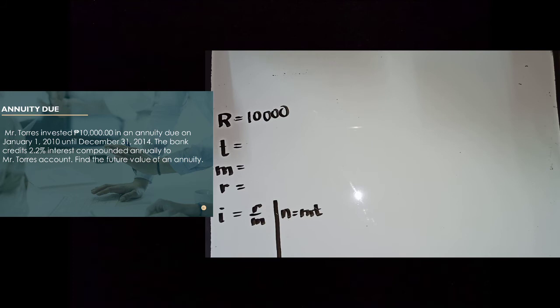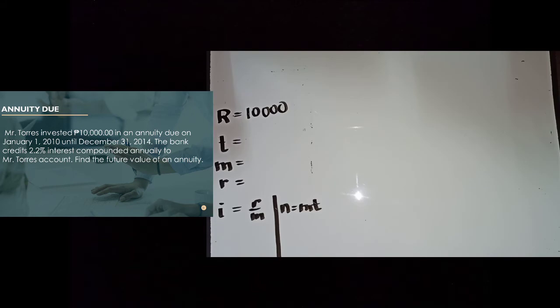So ngayon, ano yung magiging value ng T natin? Sabi dito, from January 1, 2010 until December 31, 2014. And that is compounded annually.